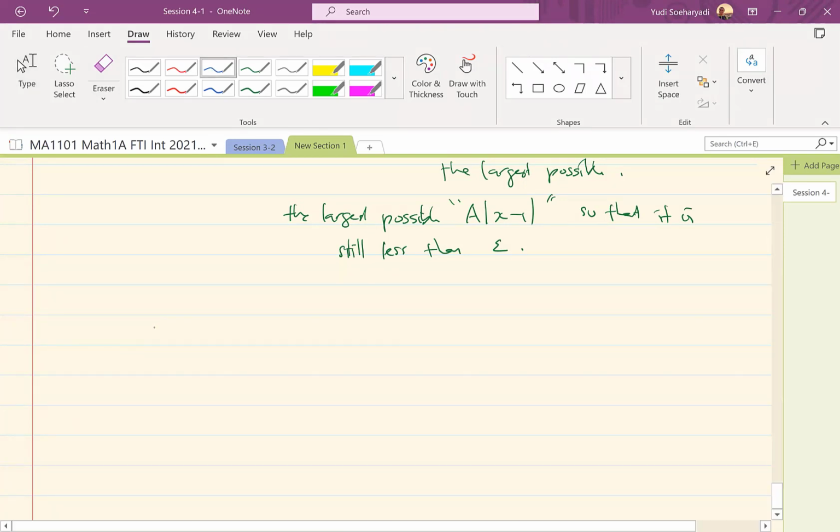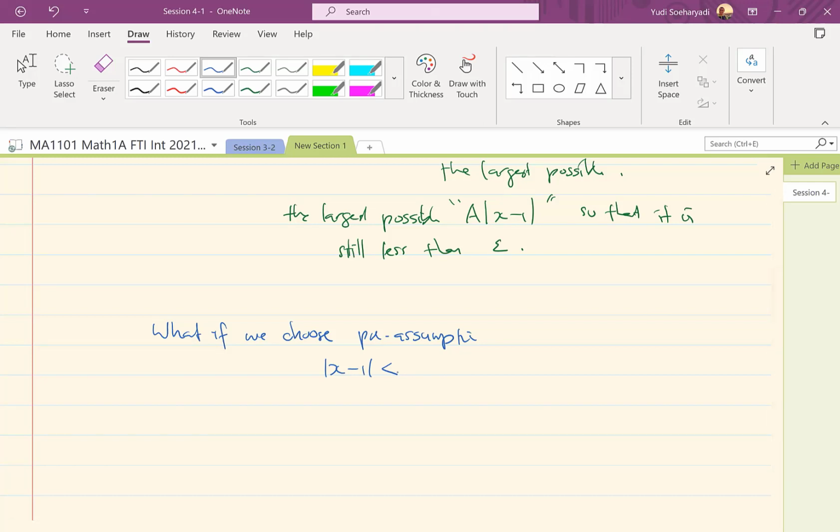So what if we choose a different pre-assumption? Say, what's the number you want to be here? Your favorite number. Does that have to be a fraction, or is 25 okay?